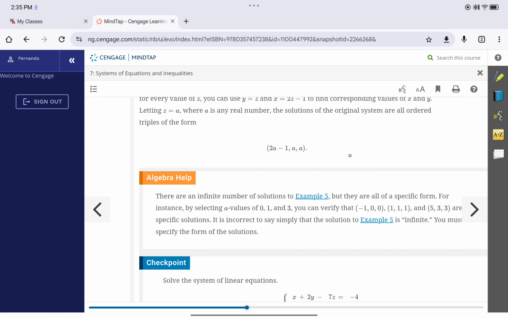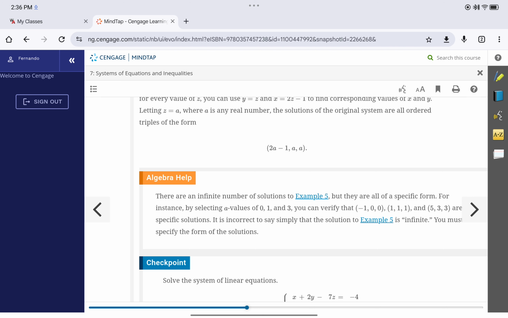So at this point, you set z, the free variable, equal to some different variable, a different letter if you want. You can choose whatever you want. In this particular example, they're using the letter a, and a represents a real number. You can always do it this way. Set z equal to a.